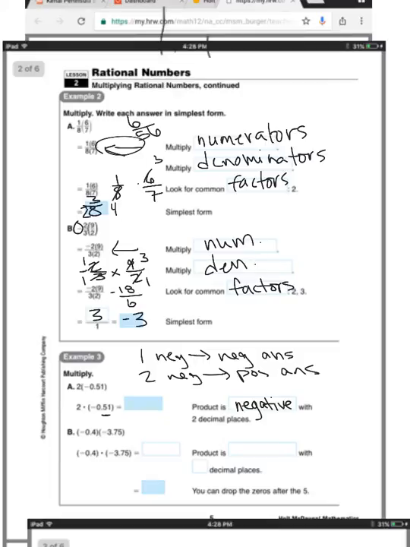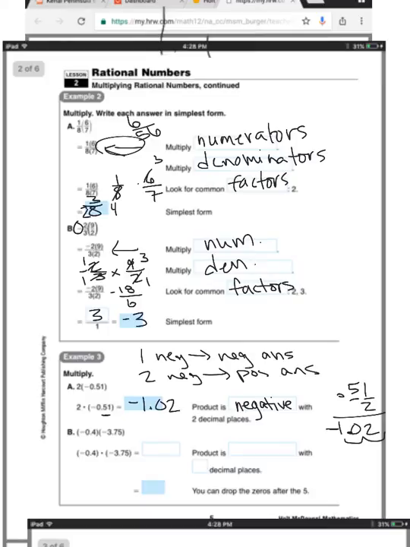So if you were to multiply that out, you do 0.51 times 2, and you would get 2, and then 5 times 2 is 10, and because there's 2 decimals to the right, you would move that decimal 2 to the left, insert it, and put a negative. So that's negative 1.02.